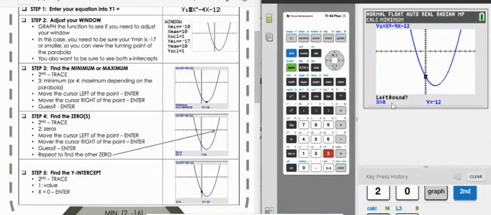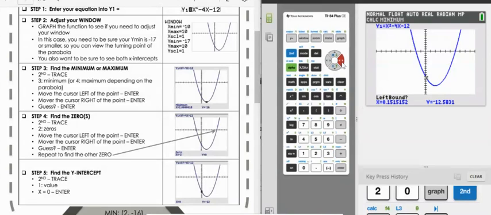Now the calculator is going to give us instructions again, just like it did when we were finding the x-intercepts. It's going to say left bound. That simply means that you need to have your cursor on the left side of your vertex. Once you get it onto the left side of your vertex, you can hit enter.